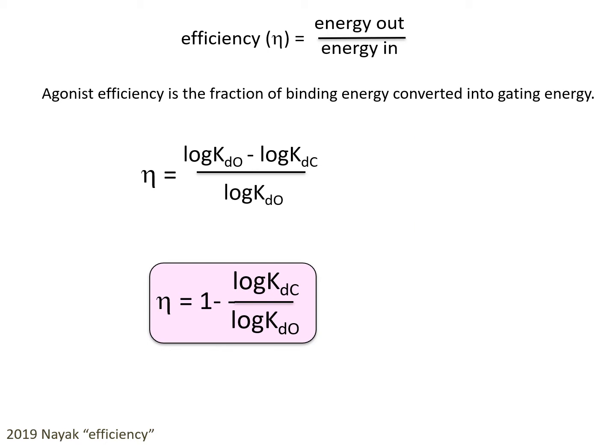So for an agonist, all you have to do to measure its efficiency is to measure those two equilibrium dissociation constants. And that can be done any number of ways. In the first video, I showed you how it could be done by direct measurements using single channels. And I also showed how these two constants can be derived from a dose response curve.